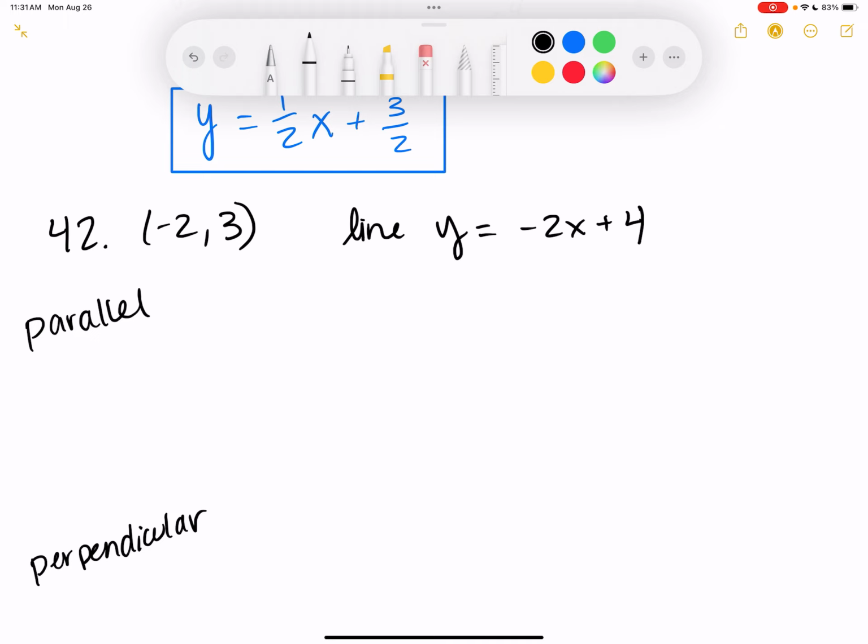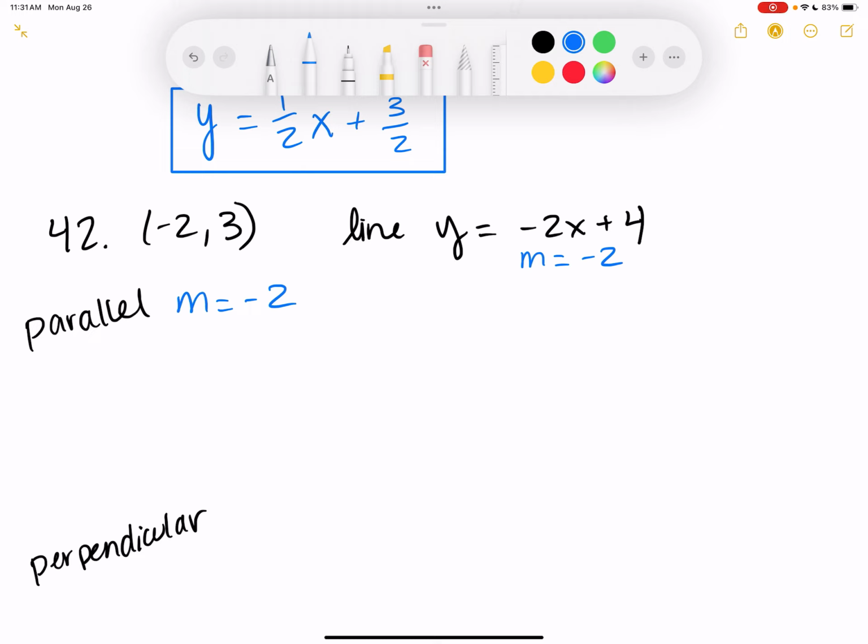So, what do we know about slopes of parallel lines? They're the same. Yep, same slope. So what is the slope of this original line? -2. So the slope of the parallel line is also -2. And so now I use point slope form, and they do not specify what your final answer has to be in, so you can put it in any of the forms that you want.